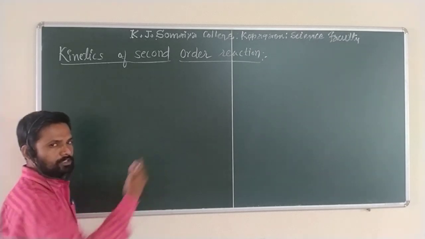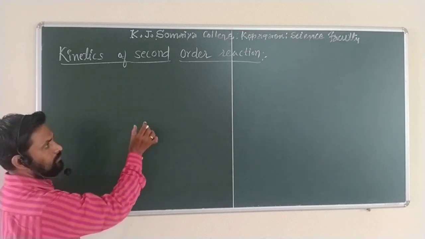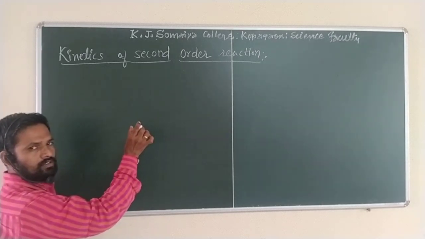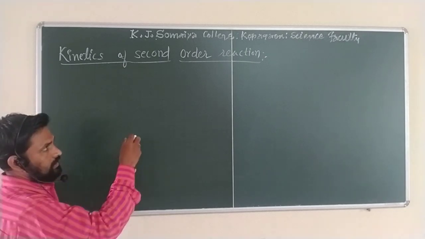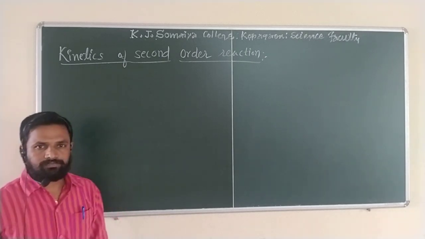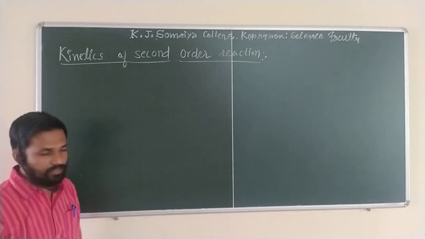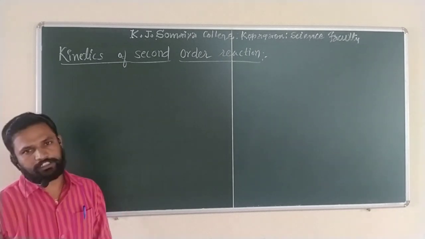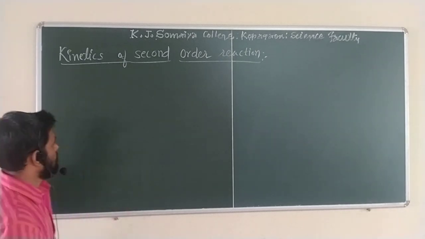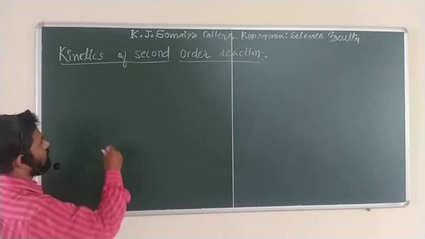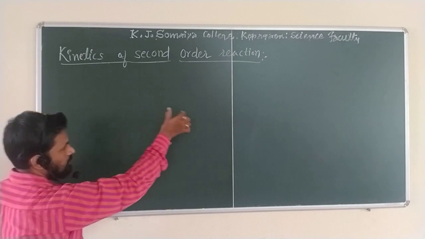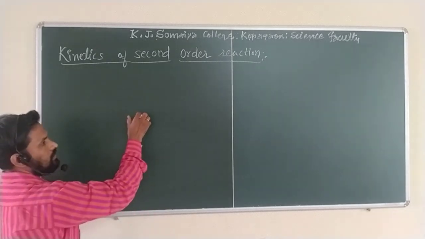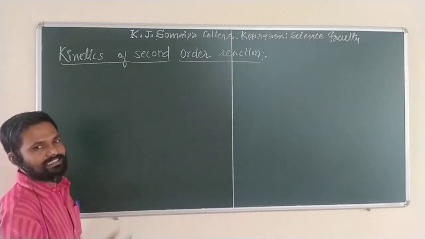In the second possibility, two reactant molecules like A and B can also follow the second order reaction. I will write how they follow. First of all, we understand how the single reactant molecule follows the second order reaction and how the two reactant molecules follow the second order reaction.